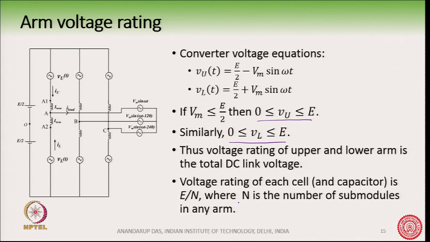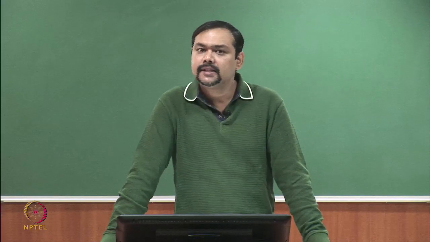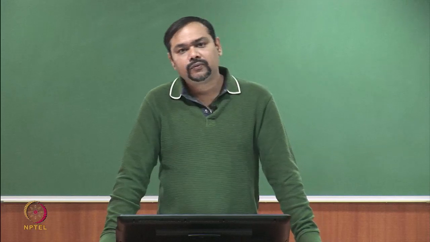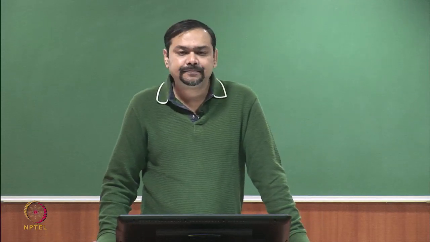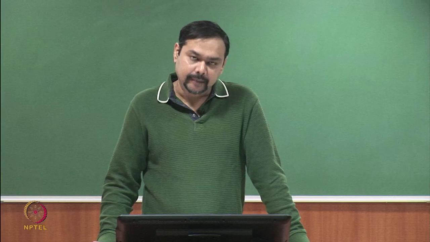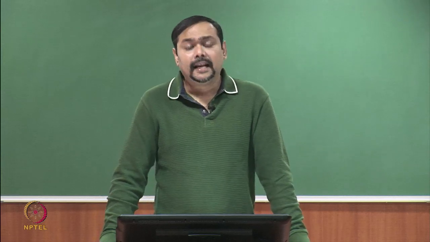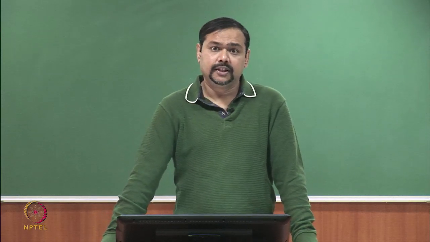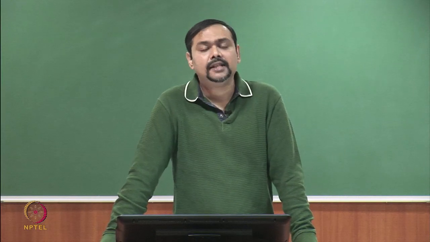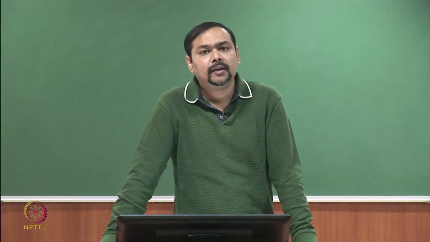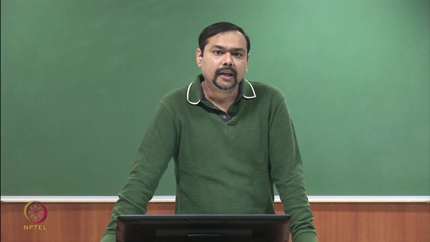If N is capital N, then this whole E has to be supported by these N number of cells. So, the voltage rating of the capacitor in each cell, as well as the voltage rating of the switch in each cell, all of them must be equal to E by N.